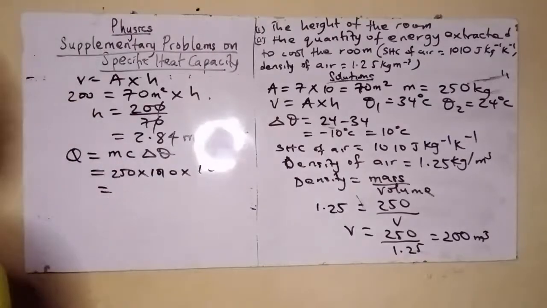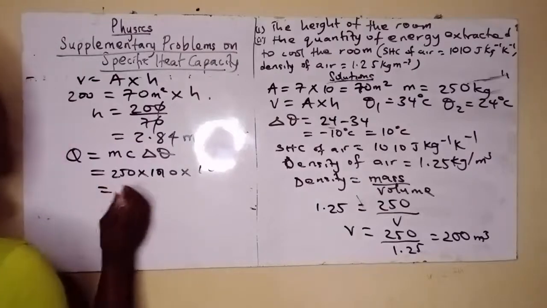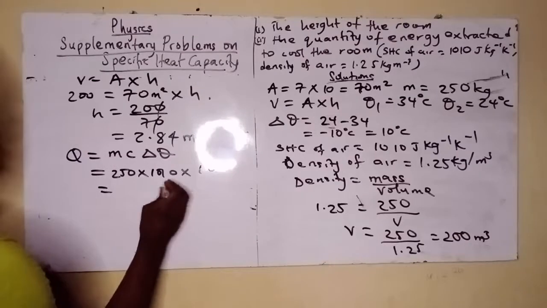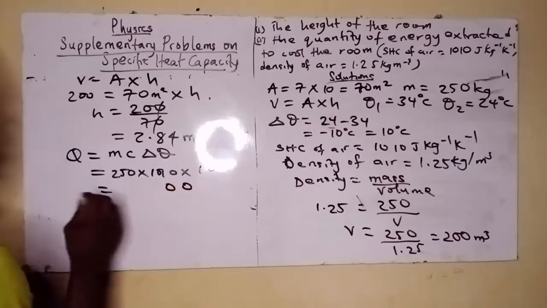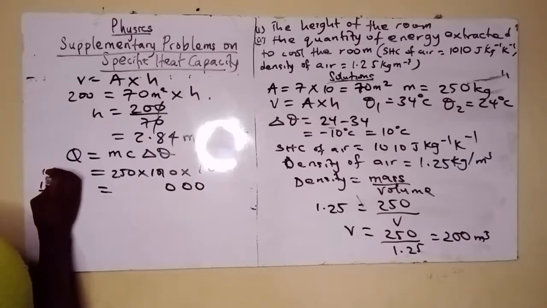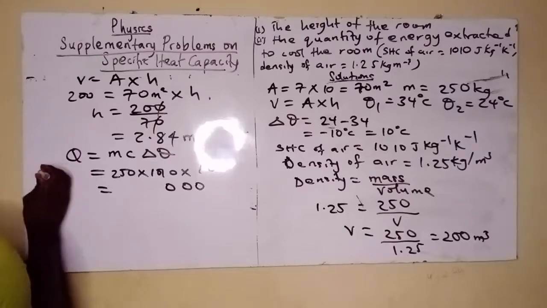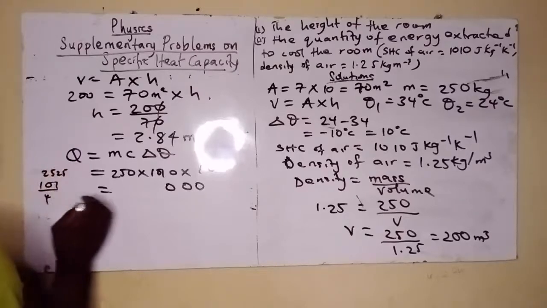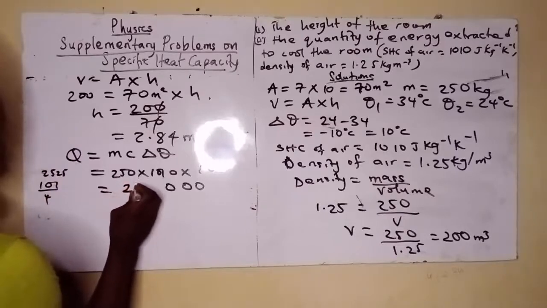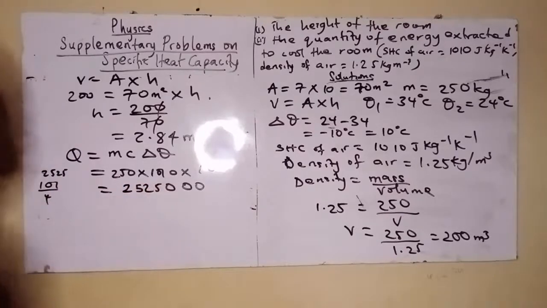I don't have a calculator here. 250 times 1010. So 25 times 101 is 2525.